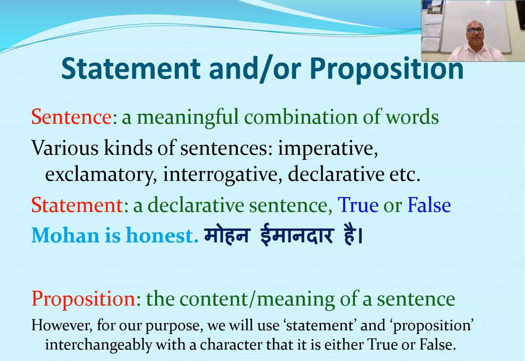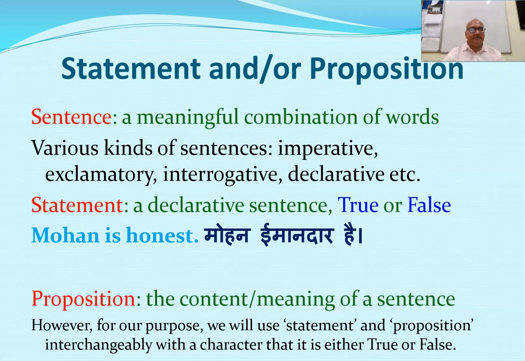Now, in order to further clarify the difference between statement and proposition, we can understand what a sentence is. If you look at English grammar, there you find that a sentence is defined as a meaningful combination of words. And you know that there are many kinds of sentences.